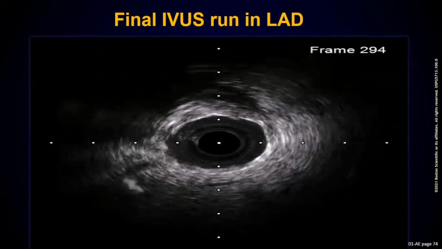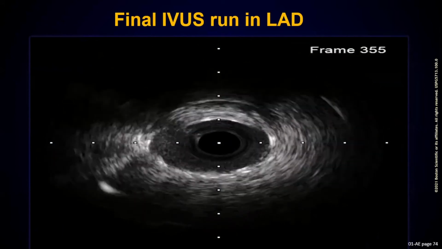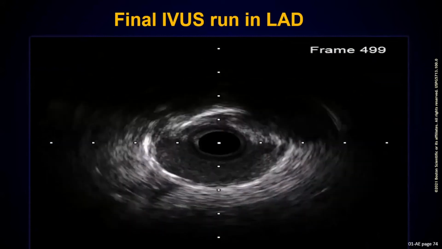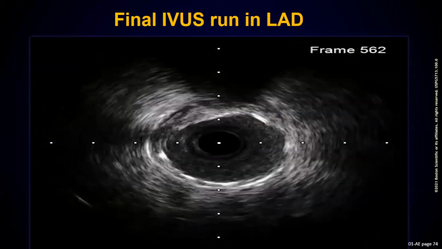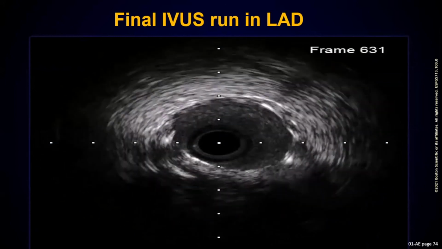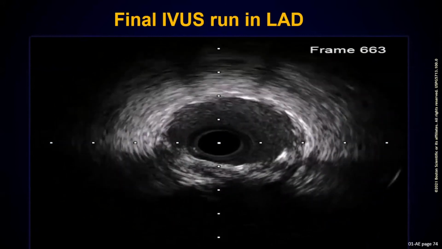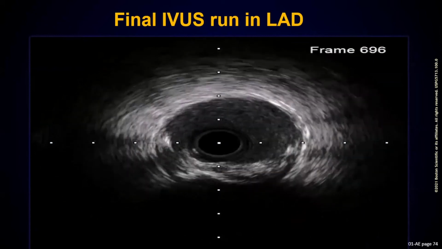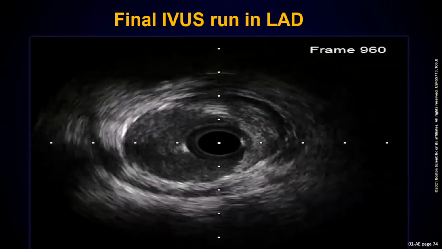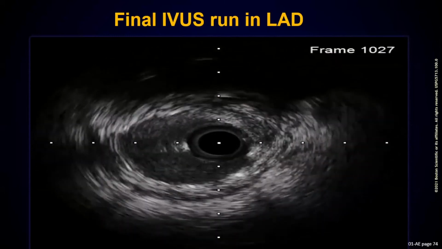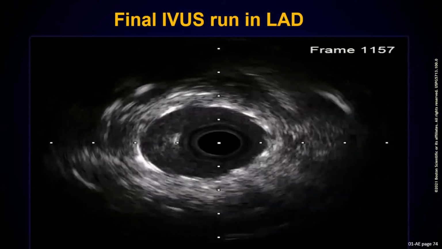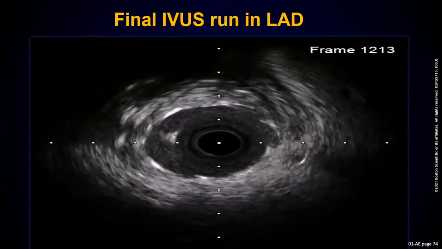It's just a question of showing what you have to consider before taking on complex cases. Is it a bifurcation? Obviously that would be obvious from the angiogram. Is it a long lesion? Is it a left main stem? Is it a calcified lesion? Has it got any other things which can make it a more complicated procedure, for example in-stent restenosis or vein grafts?